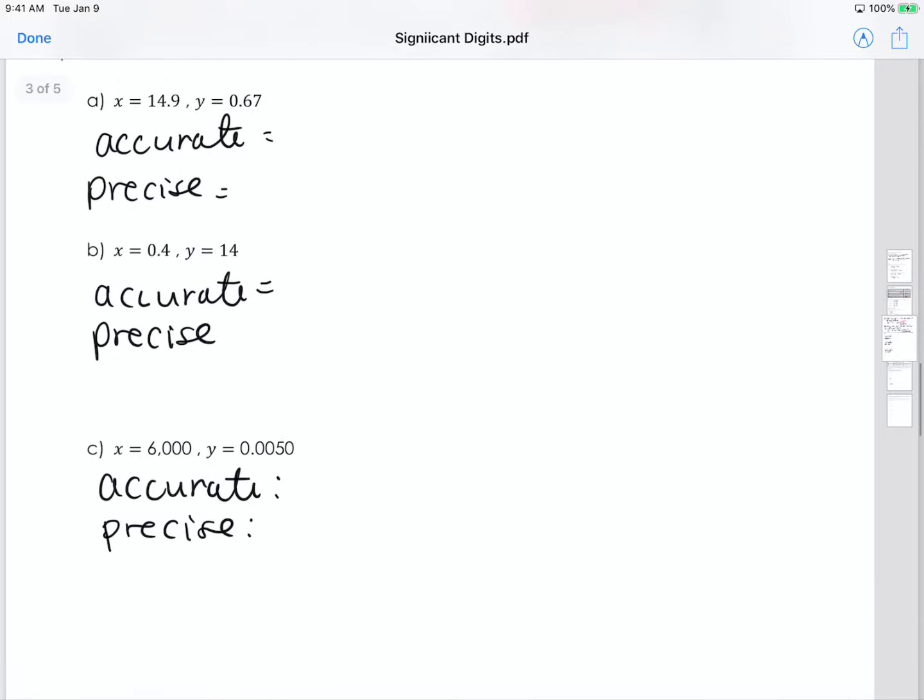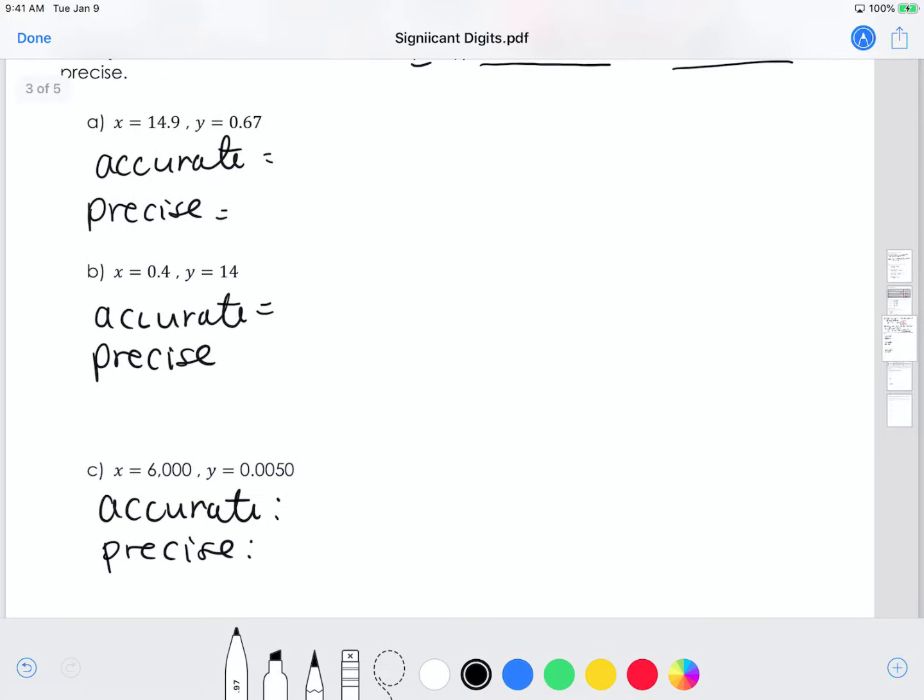Okay, so for the first example, we have 14.9 and we have 0.67. Now, 14.9 has 3 significant digits. 0.67 has only 2 significant digits. So x is 14.9 is the number between those two that is the more accurate.